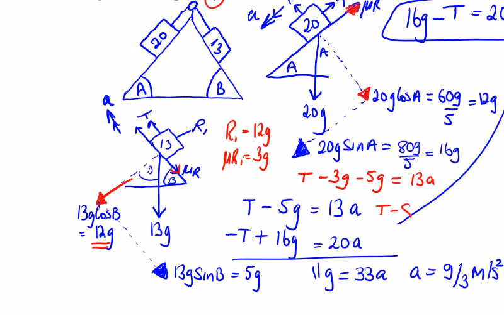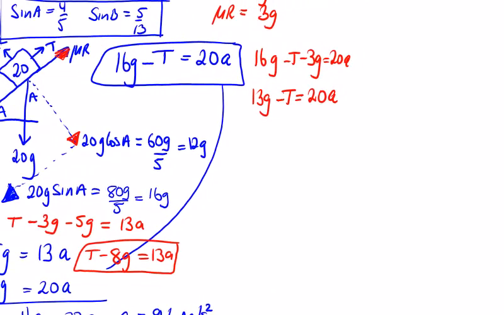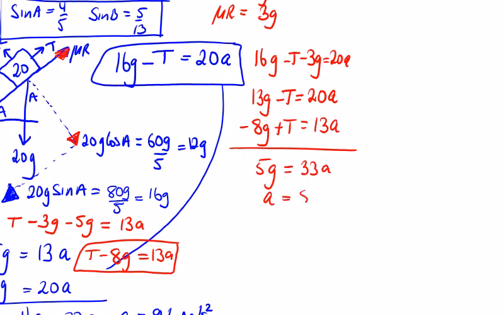So T minus 8G is equal to 13a. Let's see how that affects things. If I bring that minus 8G plus T up, equals 13a, I'm going to get 5G is equal to 33a. So a is equal to 5G over 33 meters per second squared.